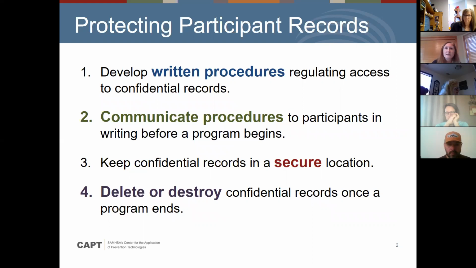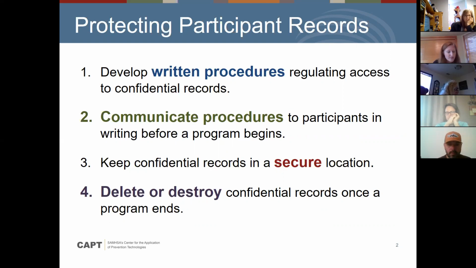But if you're doing indicated or selective, so you're doing a group with substance users, or you're doing diversion class, those are records that need to be confidential because that is information about people who have used substances.